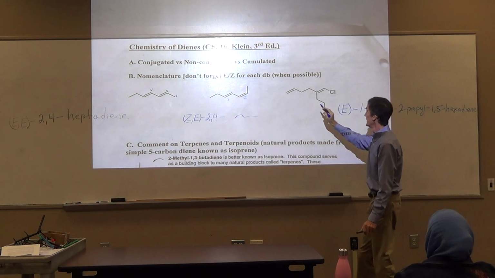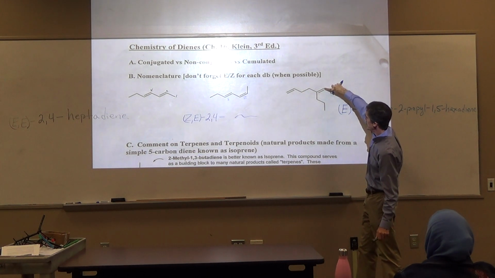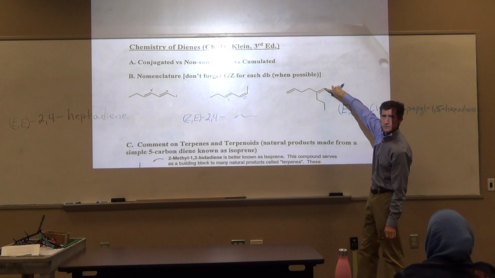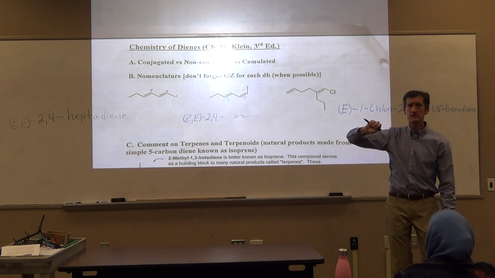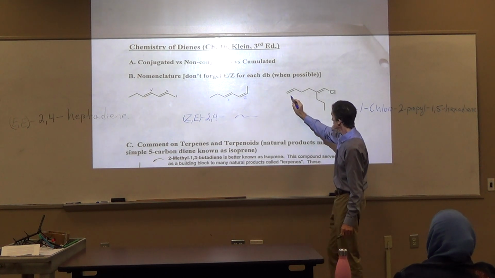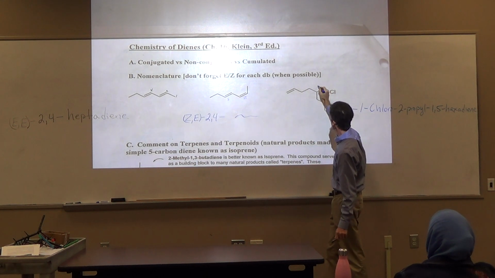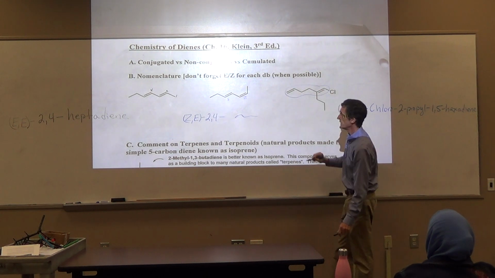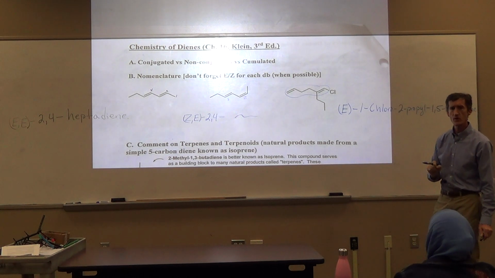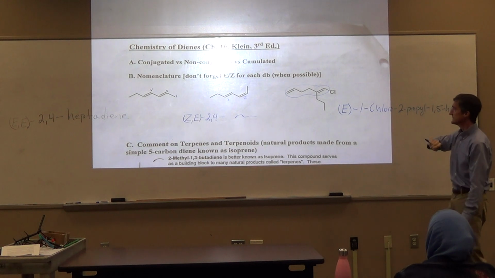And so, as you go here, that carbon of this alkene is not in the longest continuous chain. All carbons of all your alkenes have to be in the longest continuous chain. So 1, 2, 3, 4, 5, 6. That's the longest continuous chain that contains all carbons of all alkenes. So that's a hexadiene we just circled.